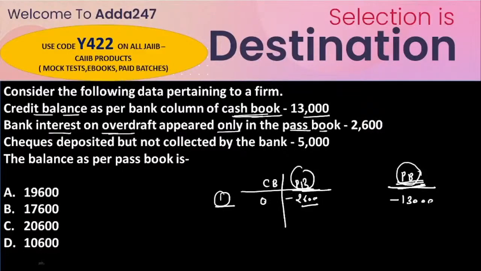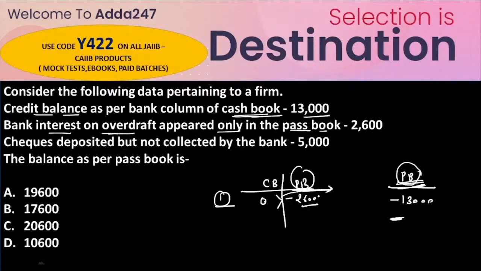So now we know what we have to write here: we have to consider whether the passbook balance is greater than the cash book, or the passbook balance is lower than the cash book. In the first condition, the passbook balance is lower than the cash book. If it is lower, just put the value here with a negative sign.